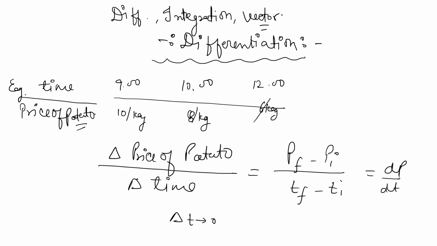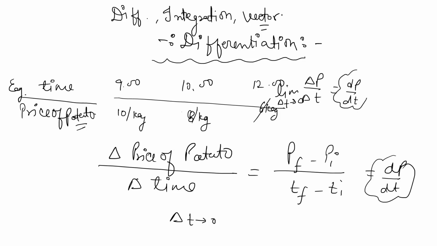You can also say the limit of del p by del t as del t tends to 0 is equal to dp by dt. It gives the change of p with respect to time at an instant. This is the main thing. It gives an instantaneous value.